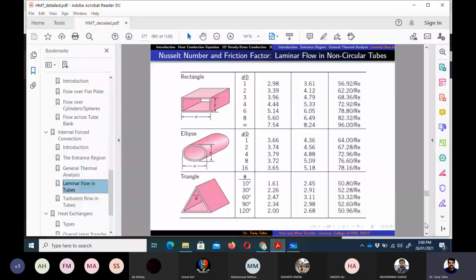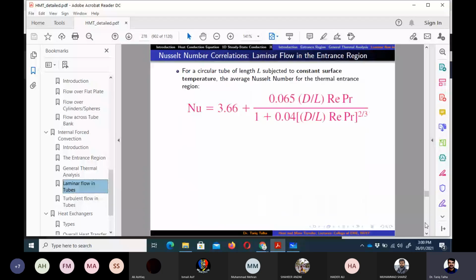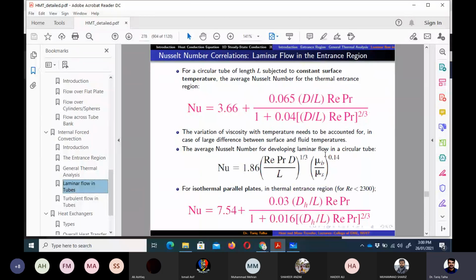Afterwards we discussed that for the entrance region, if we want to calculate it, we can add something to the existing value, which is 3.66, and that is an empirical correlation, and it comes out to be this one. And then we can also account for the difference in viscosity due to the difference in bulk mean temperature and surface temperature.